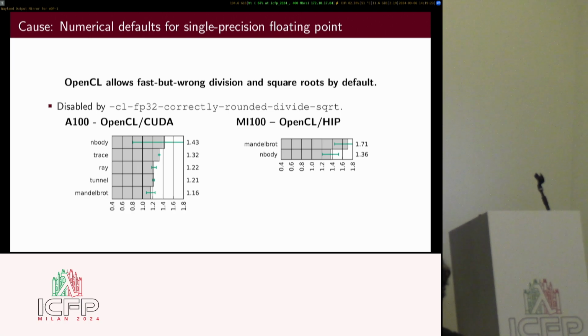And this is the reason for these performance discrepancies where OpenCL outperforms CUDA and HIP. This is why the n-body here is much, much faster, because it has a square root and such in its innermost loop. And apparently NVIDIA's OpenCL compiler is really aggressive about not doing a good job here if you don't force it to. So that was something I hadn't actually realized before I did this study.